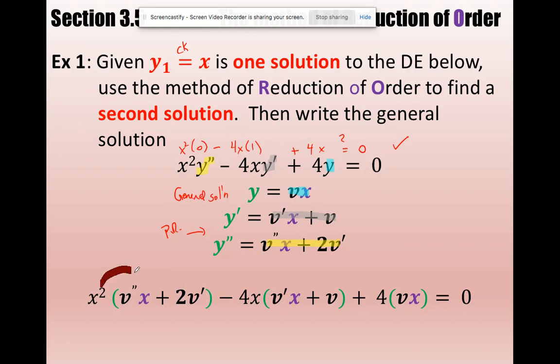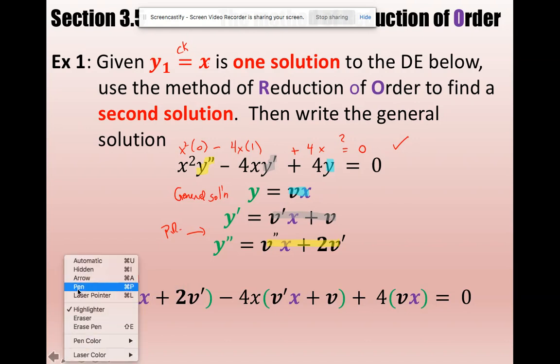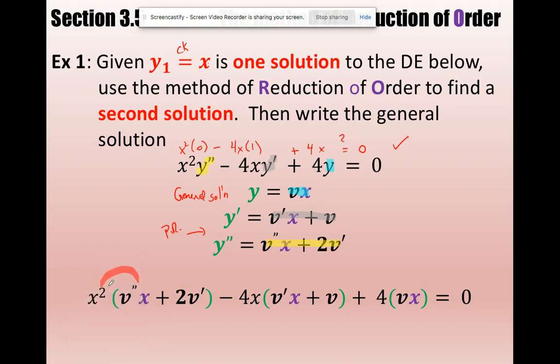You get x cubed v double prime. You get 2x squared v prime minus 4x squared v prime, minus 4vx plus 4vx.